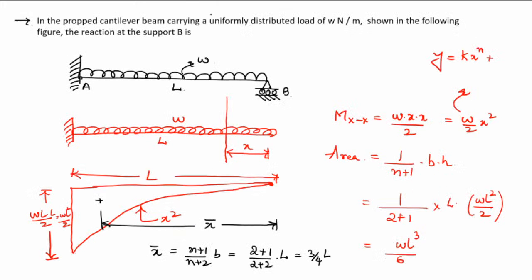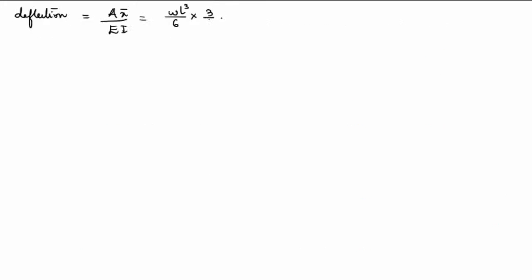So area we have computed as WL cube by 6, into X bar, which is 3 by 4 times of L, divided by EI. So this is equal to WL power 4 divided by 8 EI. This is the standard result. You can remember this or you can derive it.